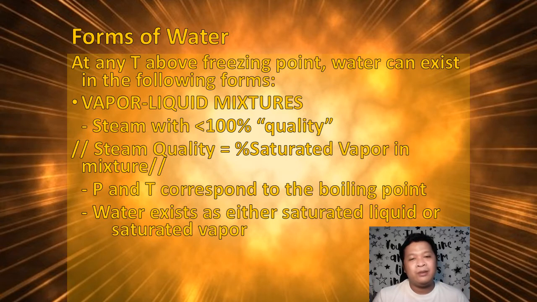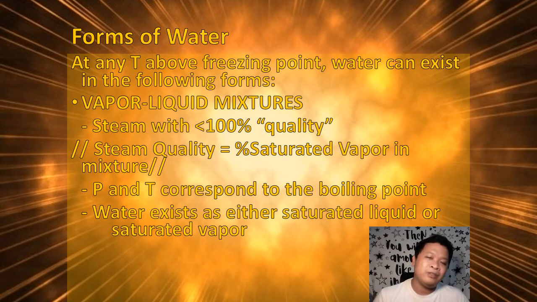So typically we call this steam with blank quality, blank referring to a certain percentage greater than 0 but less than 100. So when nabasa nyo sa isang problem na sinabing may steam ka with something quality, then it only pertains to how much percent saturated vapor there is in the mixture.